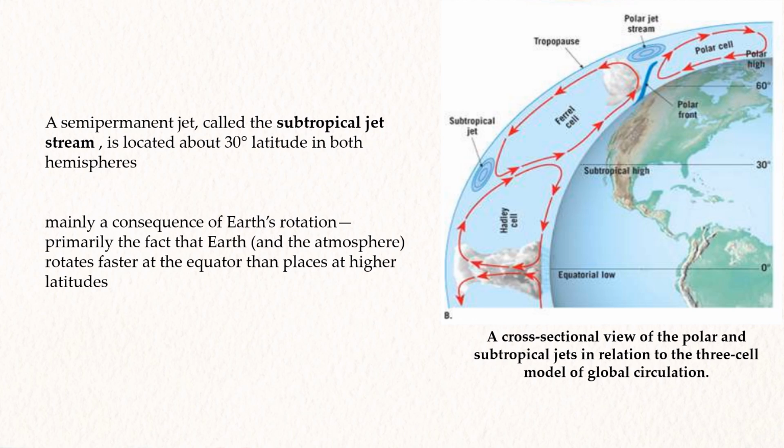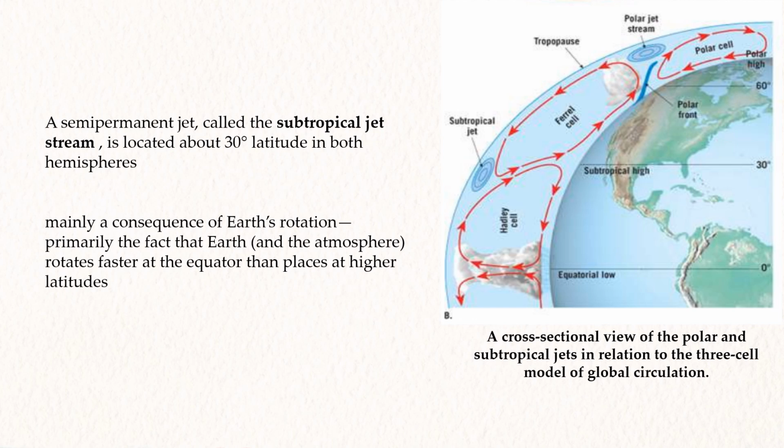How can we say that the Earth, including the atmosphere, rotates faster at the equator than other places at higher latitudes? Imagine a parcel of air starting at rest, relative to the Earth's surface, high over the equator.